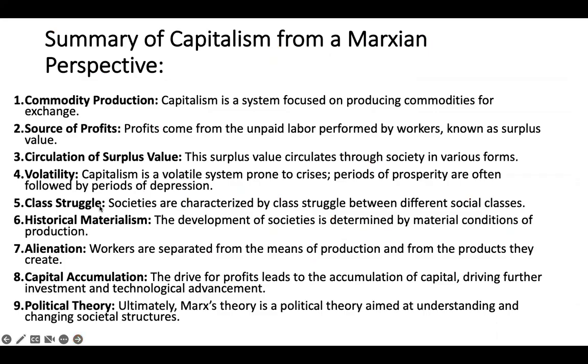So anyway, to summarize capitalism from a Marxist point of view, a system defined by commodity production. Profits come from the unpaid labor performed by workers. There's a circulation of surplus value. Again, that's something I didn't really touch on too much because it's complicated.